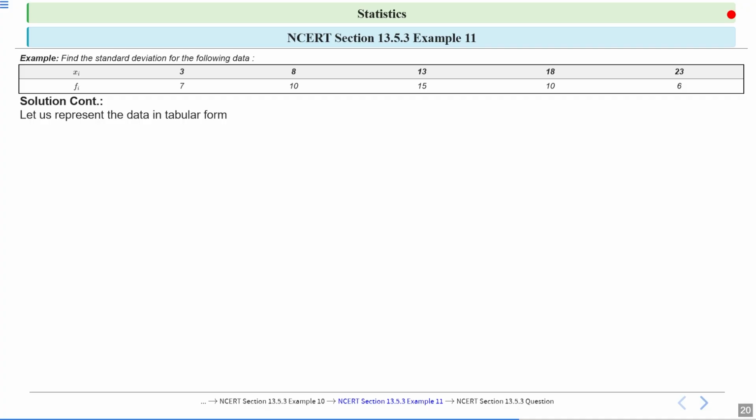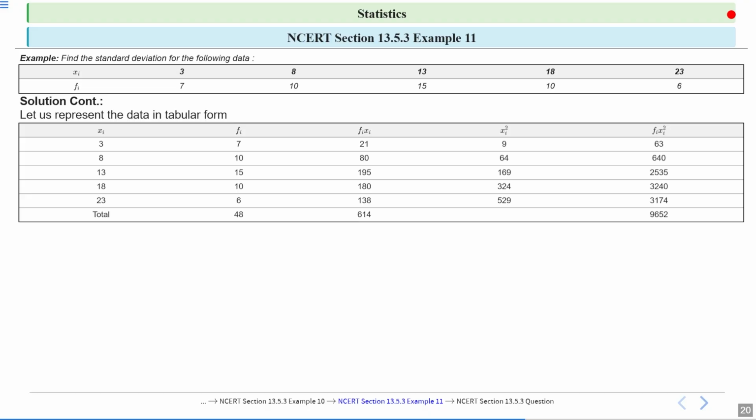Now to solve this, we will first organize our data in a more detailed table. This helps us keep track of all the calculations we need for standard deviation. So we will include columns for xi, fi, fi times xi, xi squared, and fi times xi squared. This setup will make it easier to compute the sums required for the formula. Look at this table.